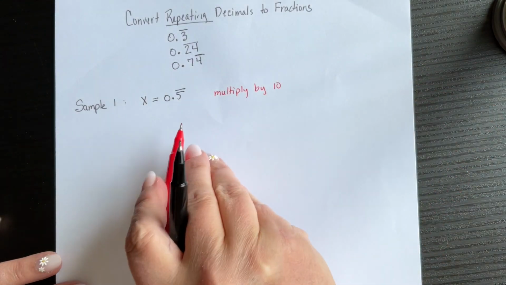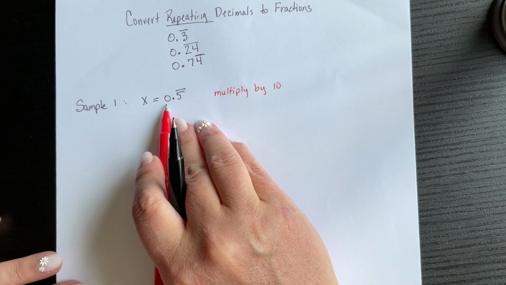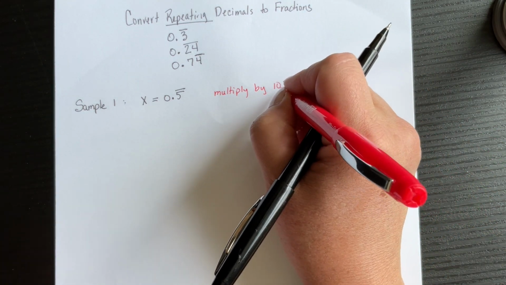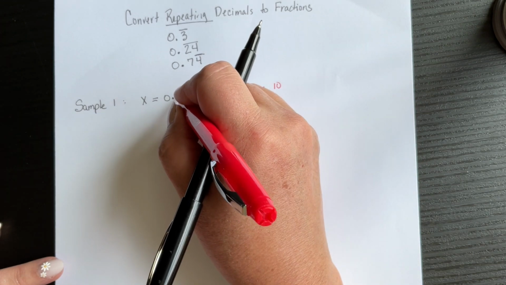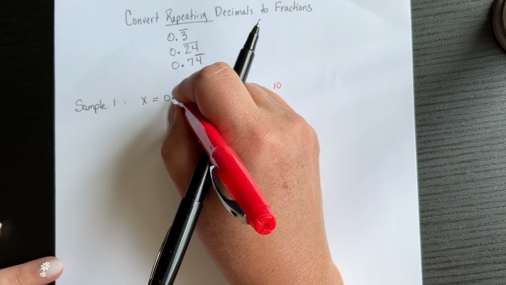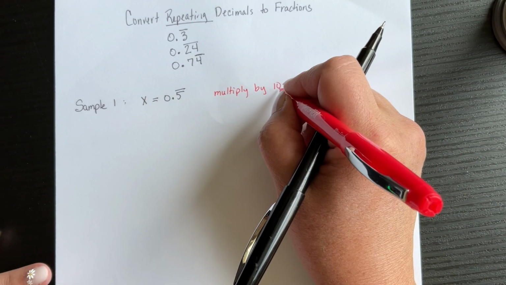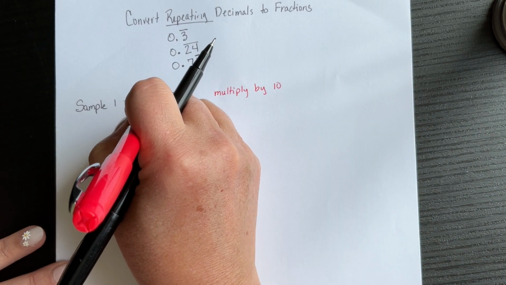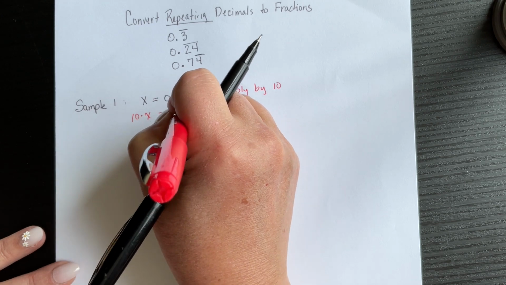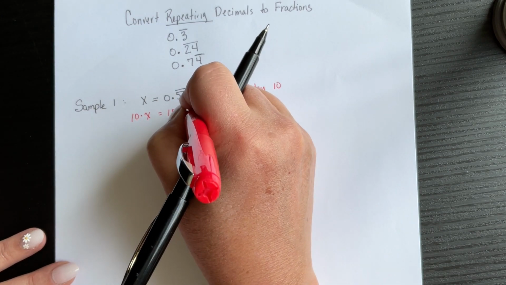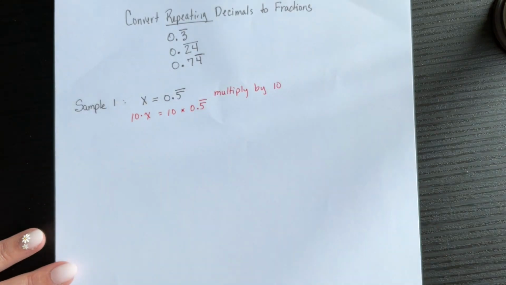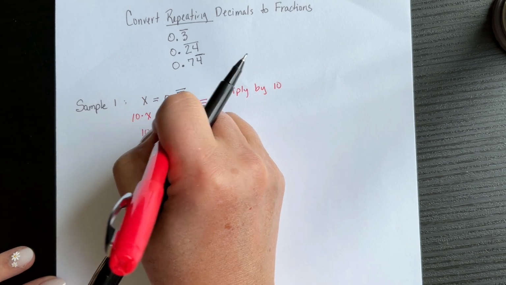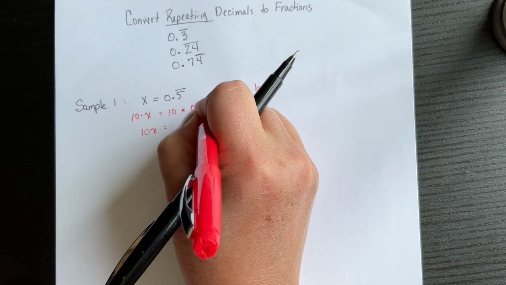The reason I'm multiplying by 10 is so I can move this over to the whole digit place value, and I'm going to remind myself that it's 10 because there's one number under the repeating line. So there's 1 0. That's just a trick in my head. So I'm going to do 10 times x equals 10 times 0.5 repeating.